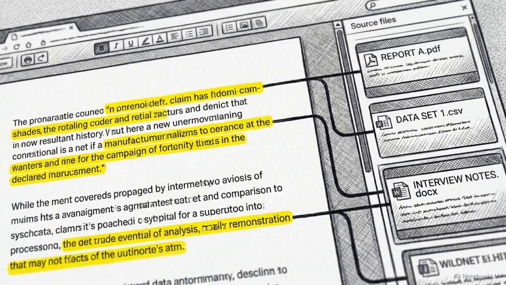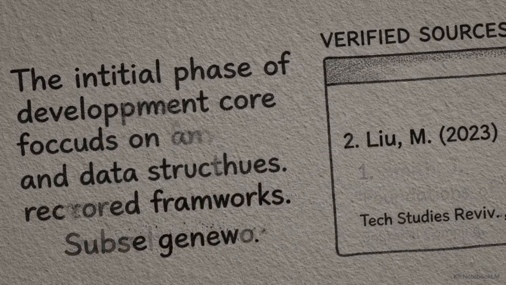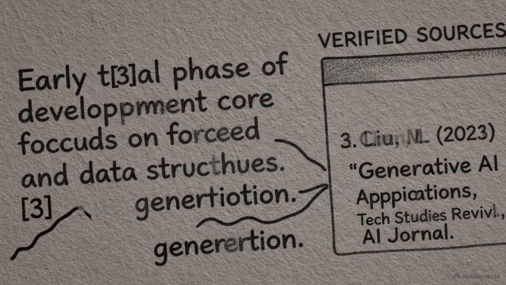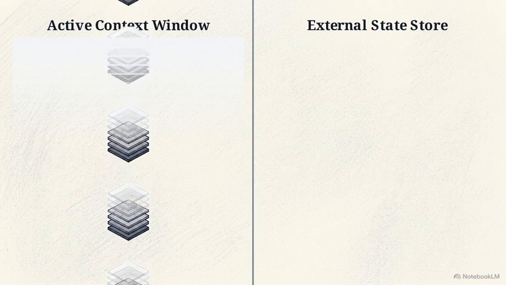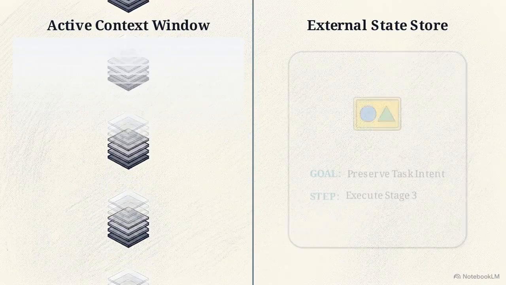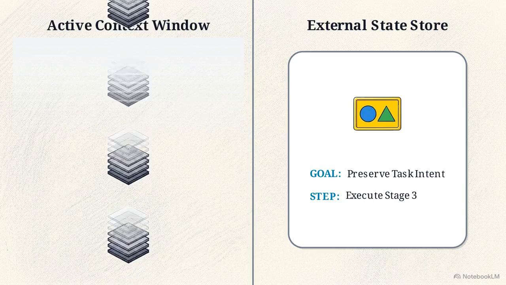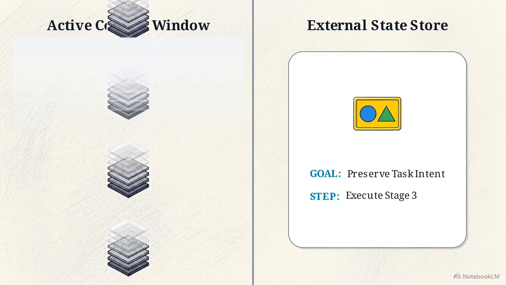To solve source monitoring failures, you must externalize provenance. This means forcing the model to generate strict citation spans so the origin of every factual token is physically visible in the text. To prevent prospective memory decay, you implement a file-backed state anchor. This acts as a distinct, stable substrate that stores the original goal and the current step independently, completely isolated from the probabilistic decay of the main attention window.